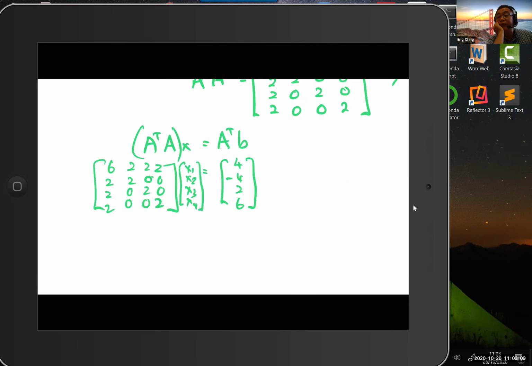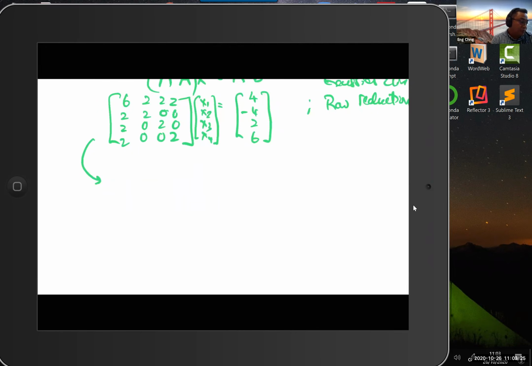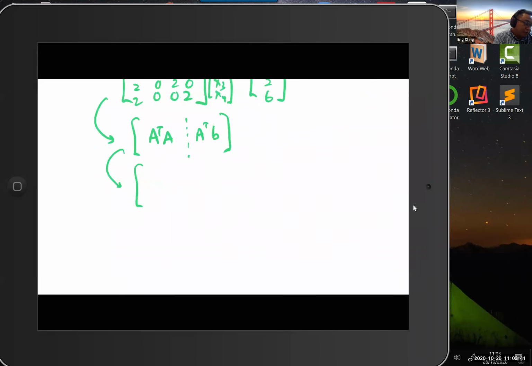And when you recognize it from this angle, can't you use row reduction? Yeah, which is Gaussian elimination. And then we are going to do this row reduction. Okay, so what do we do? We always put A^T A and the augmented matrix A^T b, and we perform row reduction. So I'm going to write it down for you.